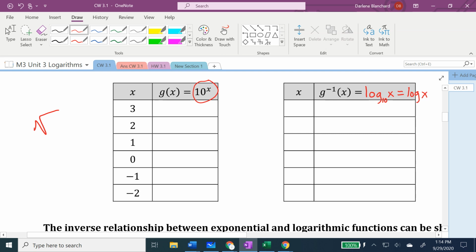We understand if we don't write a root, that it's root 2. With a logarithm, if we don't write a base, we understand that the base is 10. And the reason is that 10 to the x power was the first function that was looked at because it was used so much in scientific notation. Now, science depends on math. It doesn't want to do the math. It wants math to just tell it what to do. While you're in math class, though, you have to try to understand what's going on.